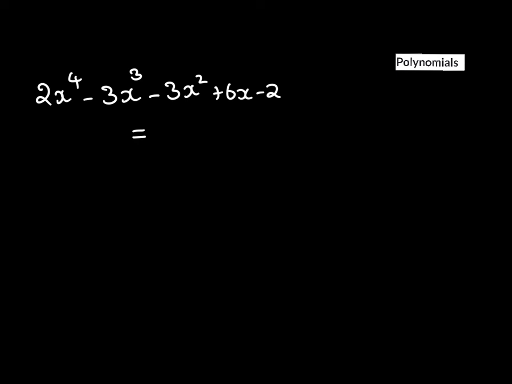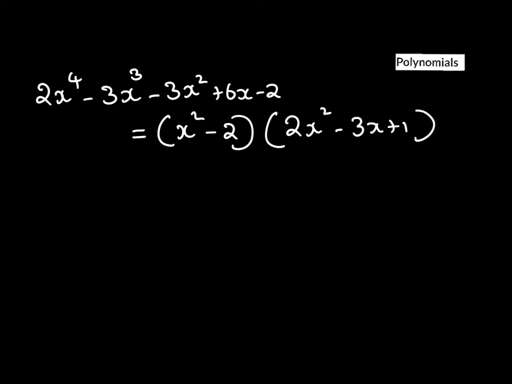So 2x^4 - 3x^3 - 3x^2 + 6x - 2 is going to be equal to x^2 - 2, the factor which we started with, times the quotient, which is 2x^2 - 3x + 1.